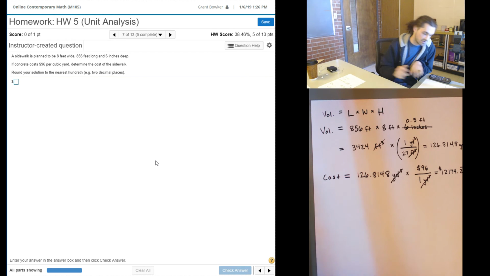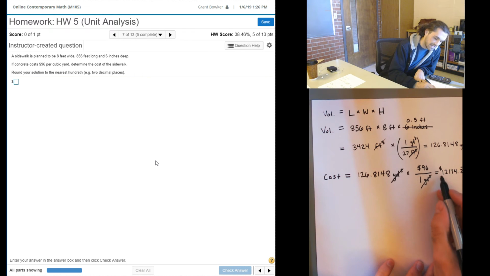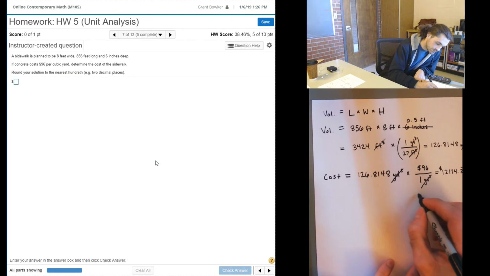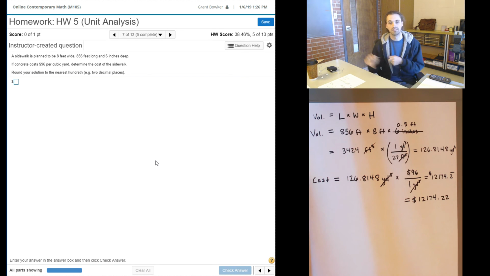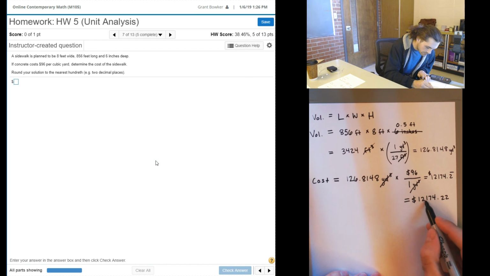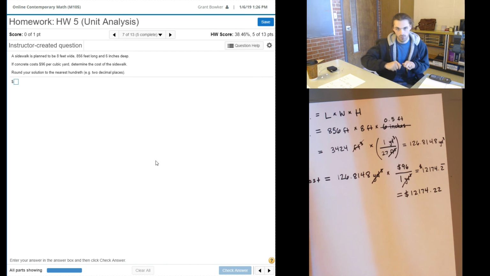And it's customary to round any amount of monetary value to the nearest penny. So this is going to equal 12,174.22. All right, this is 0.22222 repeating. 2 is not enough to round up my other 2, so the solution is $12,174.22.